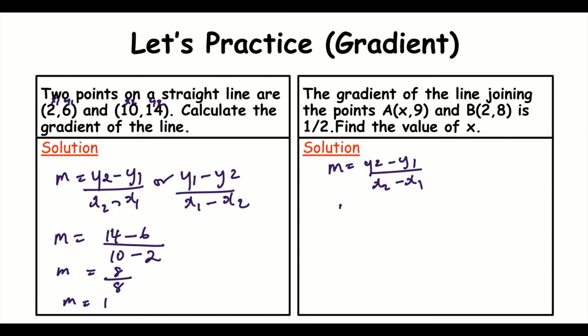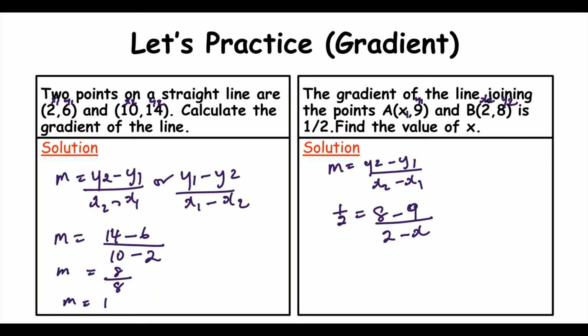So m is equal to a half. Let's identify this would be our x1, y1, x2, y2. So we have y2, which is 8, minus 9, over x2, which is 2, minus, and our x1 is x. So we can keep it as that.